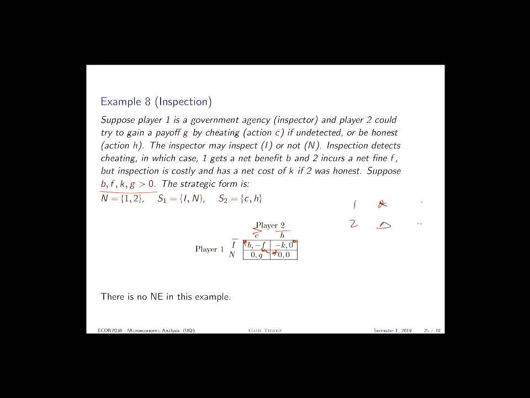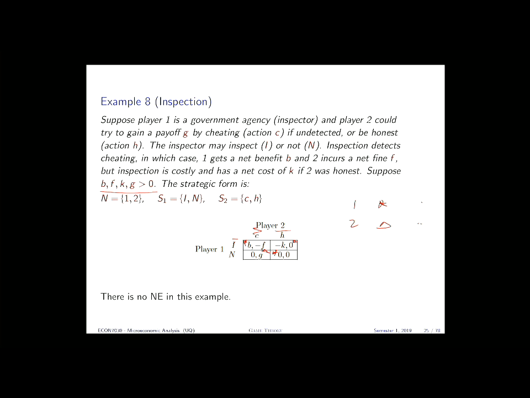But another way of representing people's strategy is by mixing them with probabilities. So, for instance, we can say player 1 plays I with probability P, and plays N with probability 1 minus P. Why 1 minus P? Because there are only 2 actions, so the sum of probabilities has to be 1. Otherwise, one would ask us, what would happen in the remaining case?